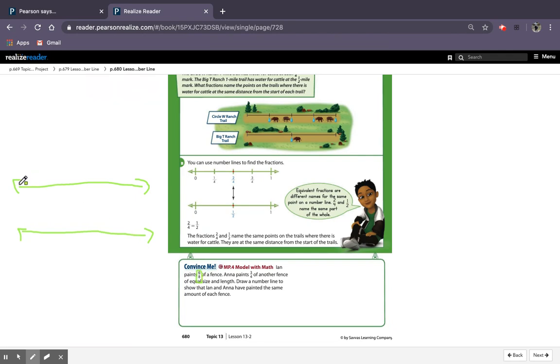So if this right here is 0, I'll mark 0 on both my number lines. 0, then I will start marking 1/8, 2/8, 3/8, 4/8, 5/8, 6/8, 7/8, 8/8, so that should be 1.